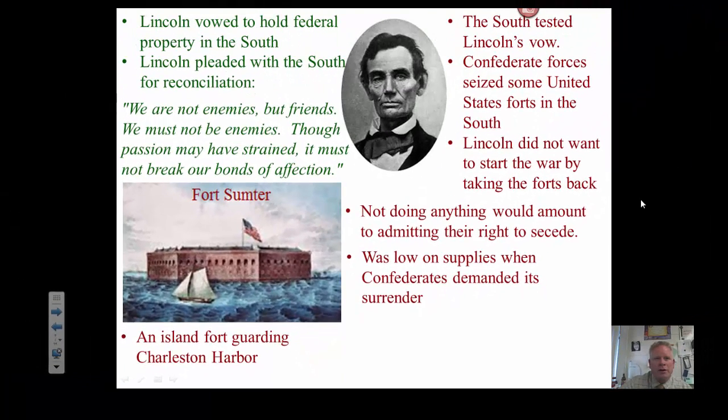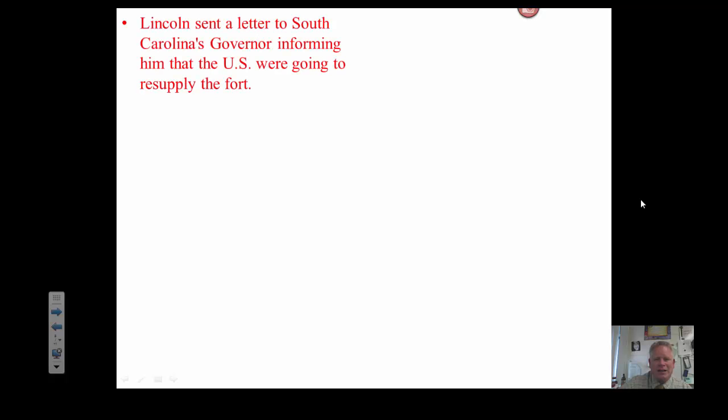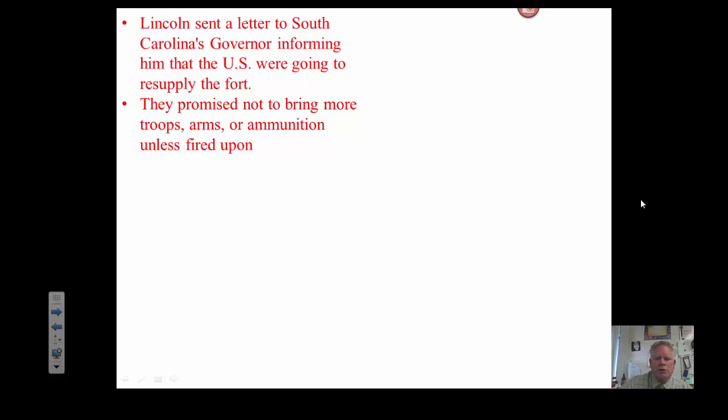The commander of the fort sent word to Lincoln about the situation, and Lincoln sent a letter to South Carolina's governor informing him that the United States was going to resupply the fort, but he promised not to bring any more troops or arms or ammunition unless he was fired upon. So the governor of South Carolina sent word to President Jefferson Davis of the Confederacy.